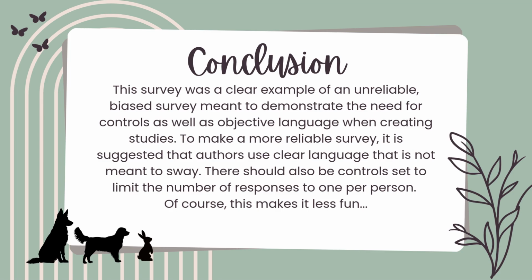So in your conclusion, you can talk about whether or not your hypothesis was upheld by the results of your experiment. You may also talk about the limitations of your experiment, or even things that went wrong, and how you can make it better. Remember, your conclusion does not need to say that you were right about everything.